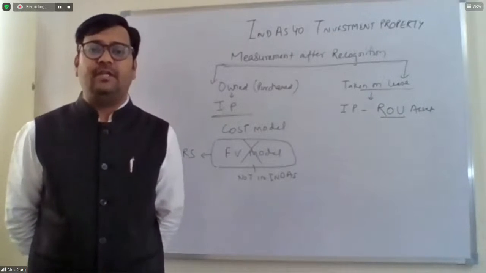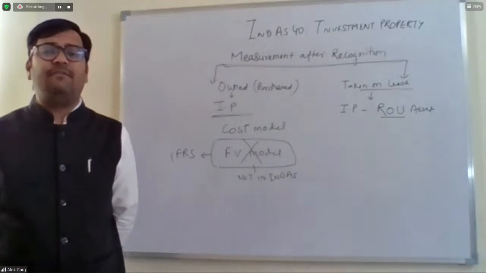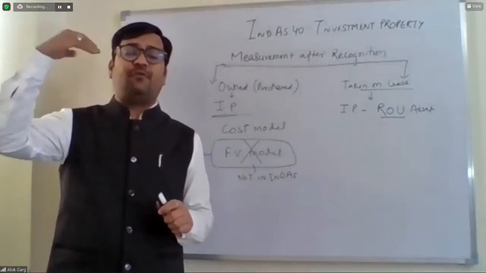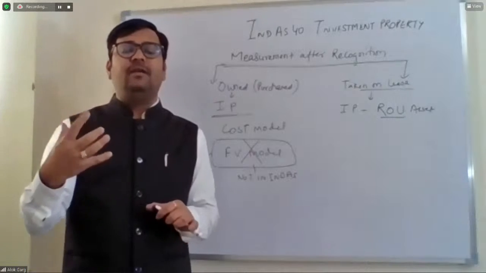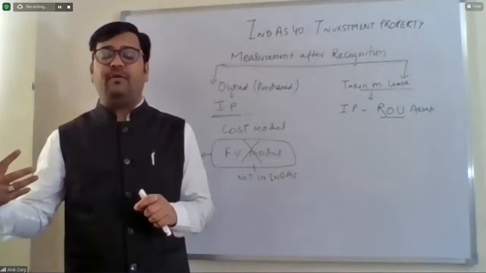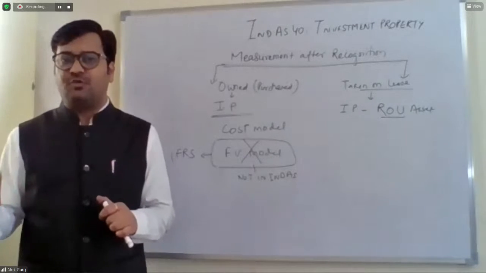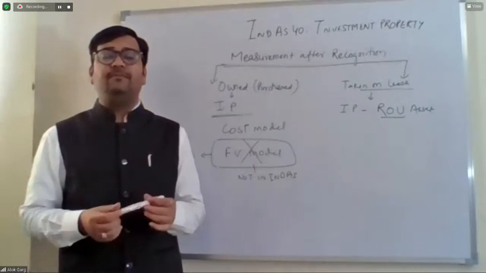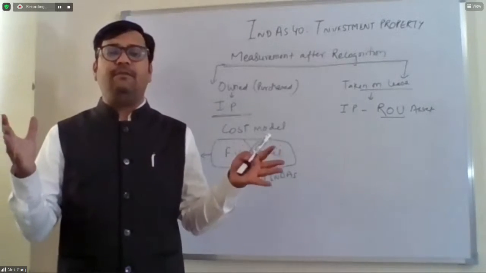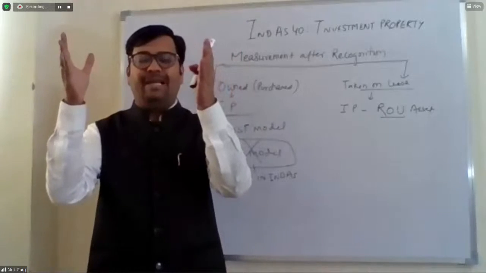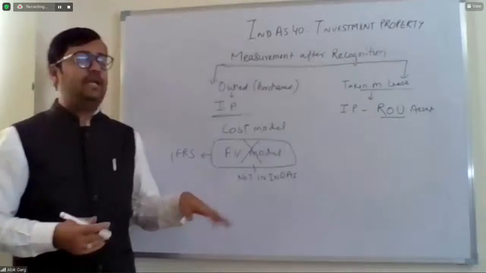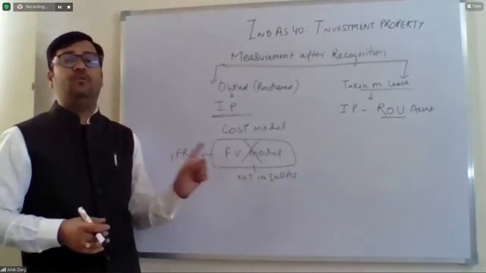So there were a lot of companies which have had an investment property for the last 20, 40, 50 years, where they purchased a land or building for rupees 10 lakh, but now the value of the land and building is 100 crores, 200 crores, so that the company will not inflate its numbers. I mean to say, the company will not inflate its balance of investment property as well as reserves and surplus. That is why we have removed the option of fair value model.